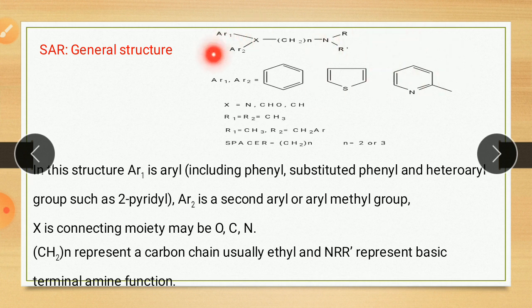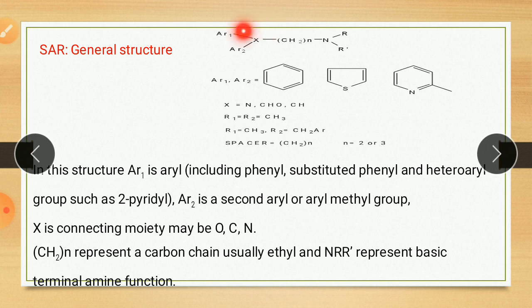Similarly, aromatic 2, the second aromatic ring, is a second aryl or aryl methyl group. So two aromatic rings are there. One may be a simple phenyl ring, a substituted phenyl ring, or a heterocyclic ring such as thiophene and pyridine. And the second aromatic ring is also an aryl methyl group or a simple phenyl ring.